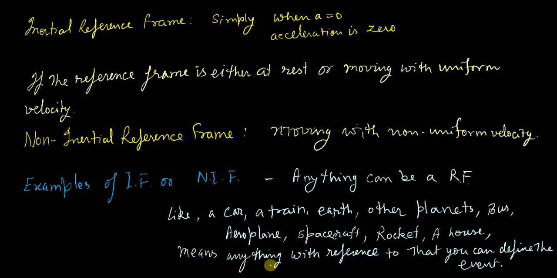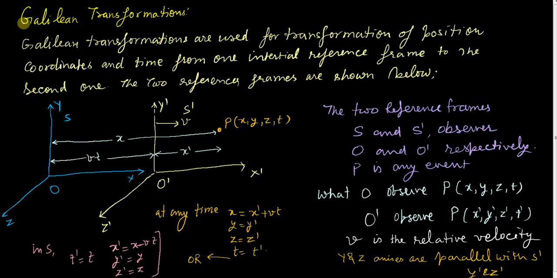A house, meaning anything with reference to which you can define the event, may be a reference frame. So first of all, for the observations of two different people, how they see any event, we have developed a relationship between the coordinates, and that comes out through the Galilean transformation.